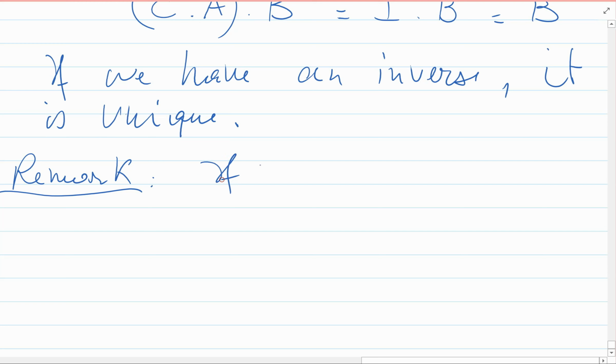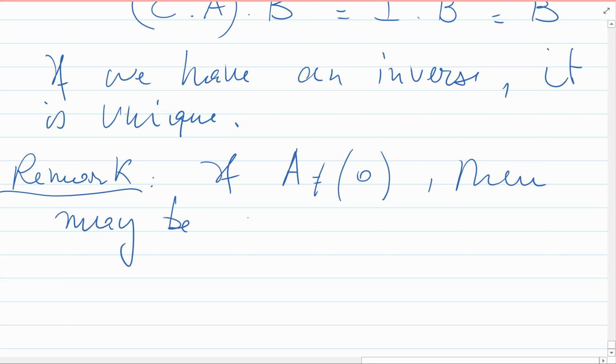That if A is not a zero matrix, then maybe A inverse exists. Okay, so we are mimicking what happens in the real numbers. Let's find out.